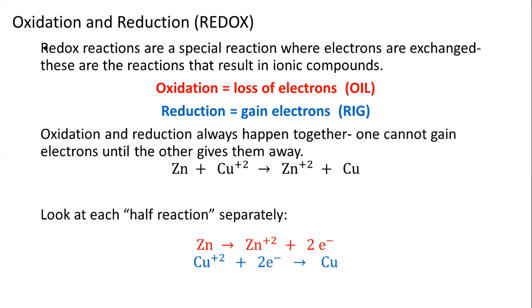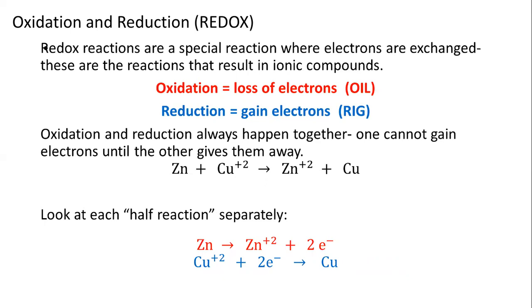So oxidation is the loss of electrons, or OIL. Oxidation is loss, and reduction means that we have a gain of electrons. Oxidation and reduction always happen together. One cannot gain electrons until the other gives them away.